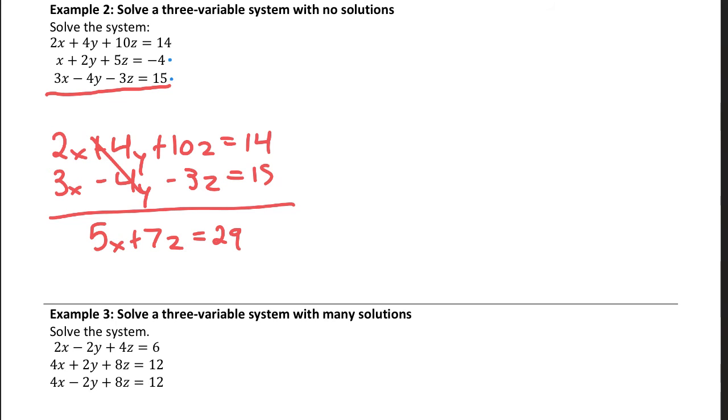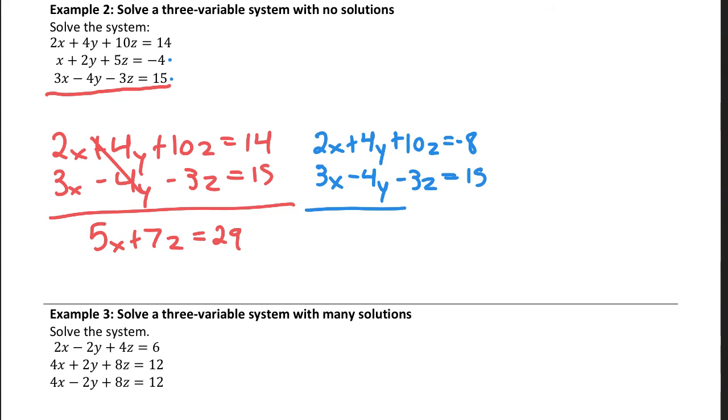So equation 2 would become 2x plus 4y plus 10z equals negative 8. And then equation 3 would remain the same. So y's will eliminate. I've got 5x plus 7z equals 7.